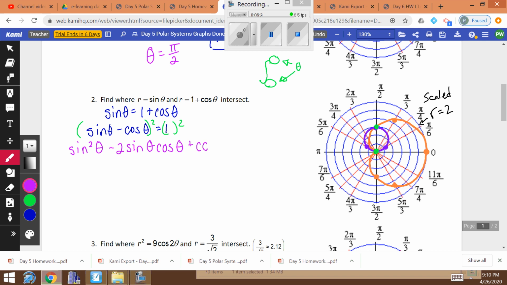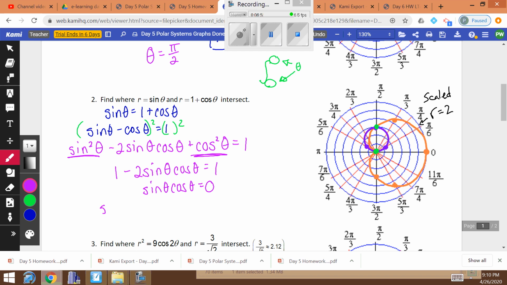Plus cosine squared when we square that, and that equals 1 on the other side. The reason this is helpful is that sine squared plus cosine squared is 1. So we get 1 minus 2 times the sine times the cosine, and that equals 1. If we subtract the 1 and divide by -2, you get sine times the cosine equals 0.